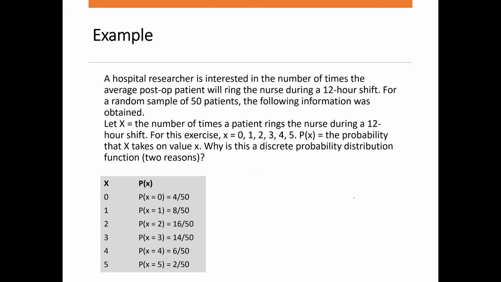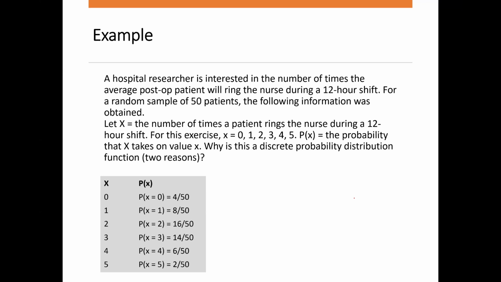And for this experiment, that random variable took on the values from 0 to 5. The probability of X is the probability that the random variable takes on a value of 0, 1, 2, 3, 4, or 5. So why is this a discrete probability distribution?